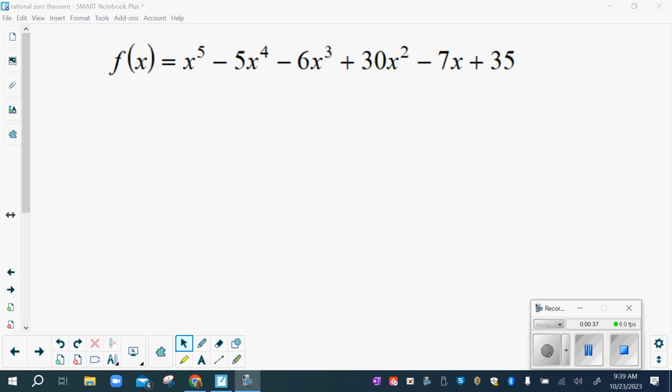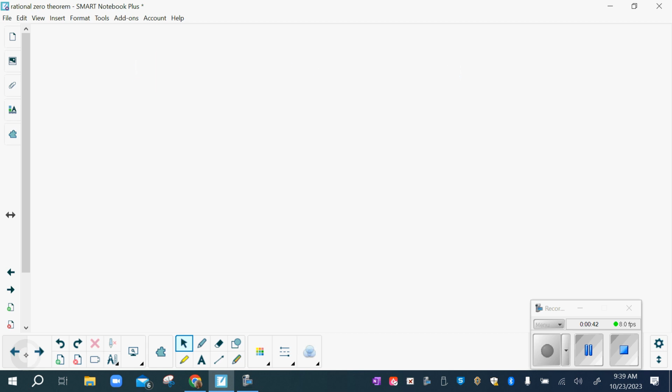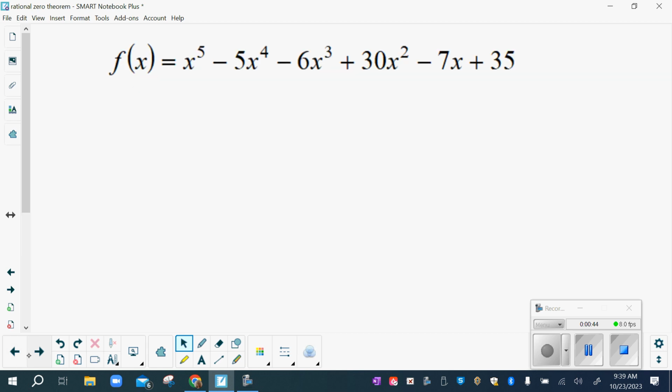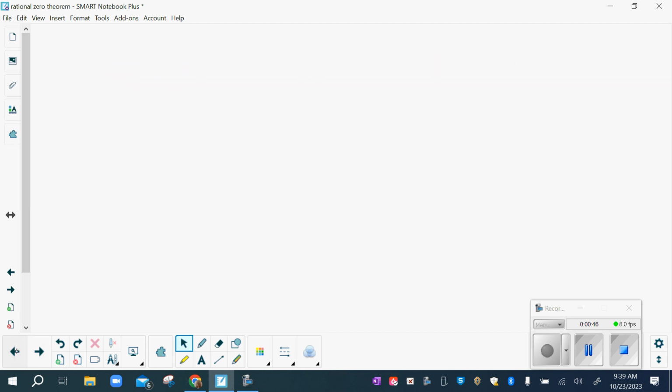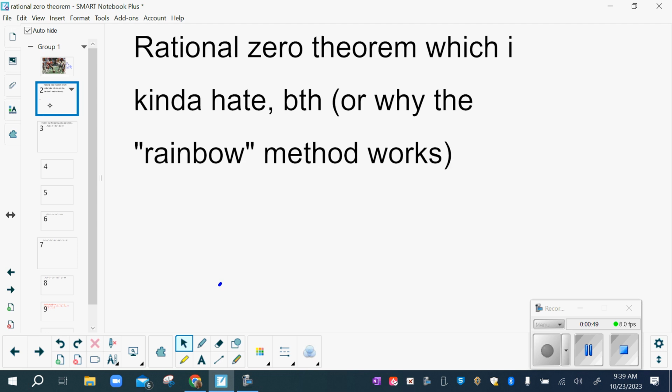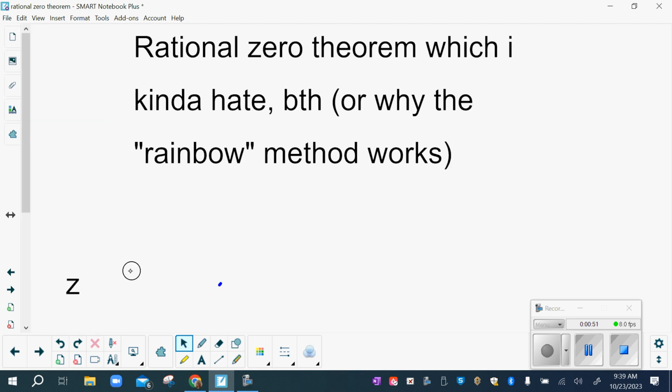The reason I don't like this section is the way that we get ourselves started is, honest to God, randomly just guessing, right? We're going to have to guess at where we start, which is guess and check.